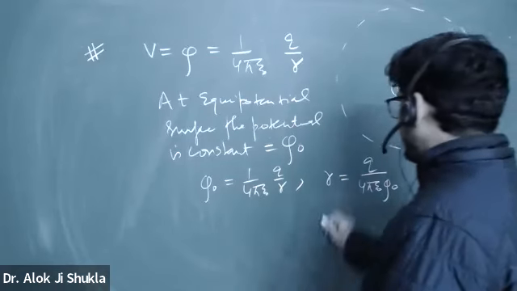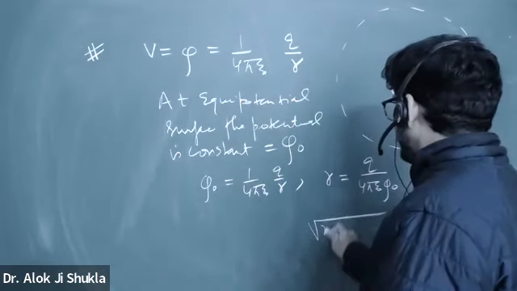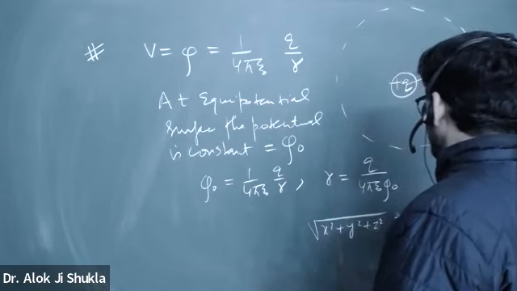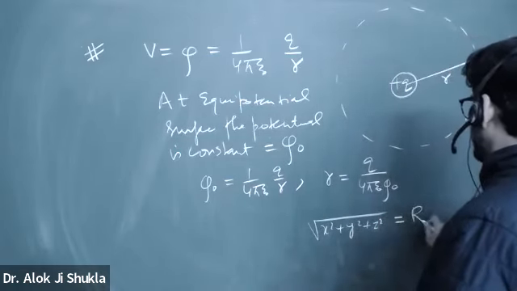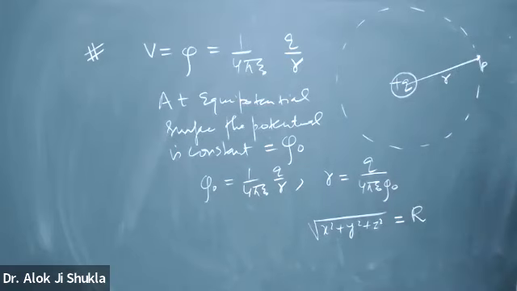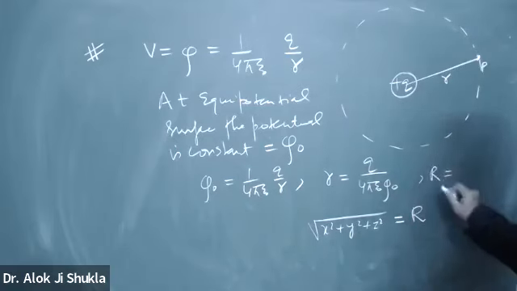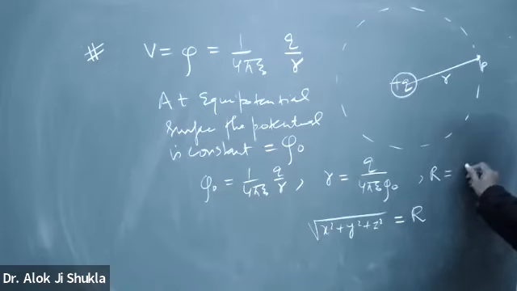So R is under root of x square plus y square plus z square. And let us write this quantity as some capital R. ये सब constant ही है. Let us write it as capital R is equal to Q by 4 pi epsilon naught phi naught.